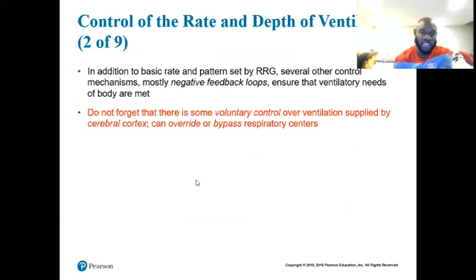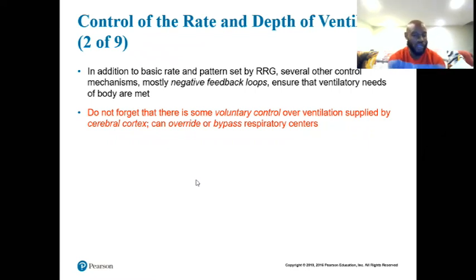In addition to the basic rate and pattern set by the RG, you have several other mechanisms, mostly a negative feedback loop. There is also some voluntary control. We can voluntarily control our breathing, which basically means we can override or bypass the respiratory centers.